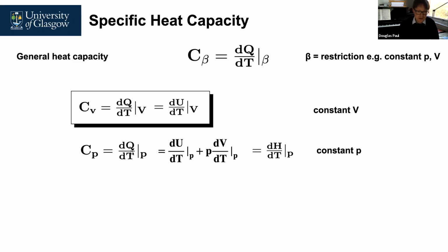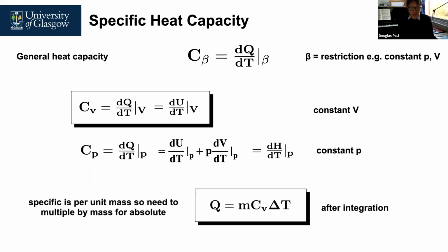And so dQ by dT is the same as dH by dT for constant pressure. So there's a few tricks in here that are used from the fundamentals of thermodynamics. These things can become useful when you're actually analyzing power stations, as we'll do later in this lecture.